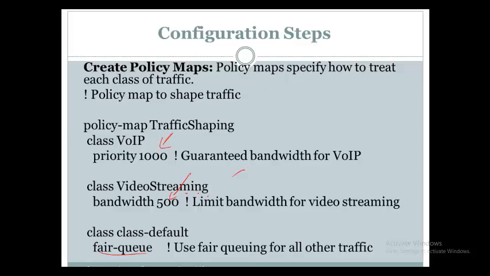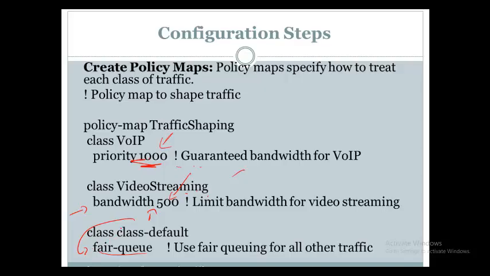So what you see here is if any excess traffic more than 1 meg comes from voice, it is not going to get dropped, it will be placed in the low priority queue so that it can be served. There will be a slight difference in the delay in delivering, but they are not dropped.